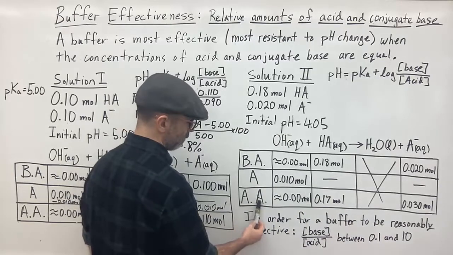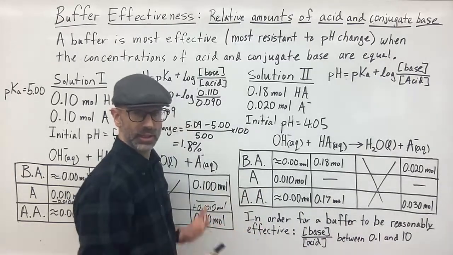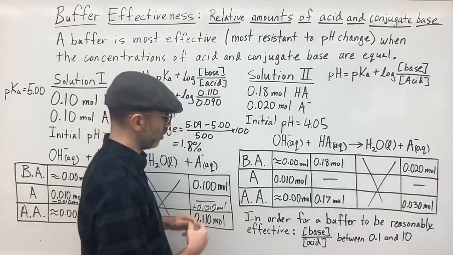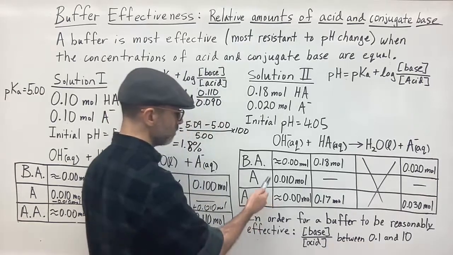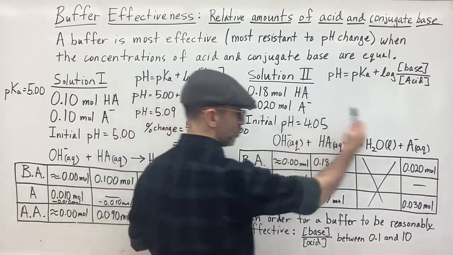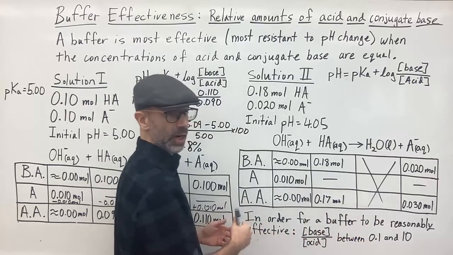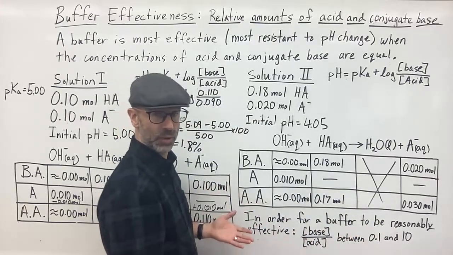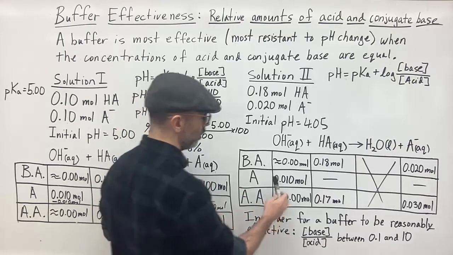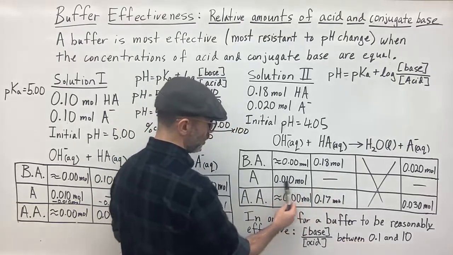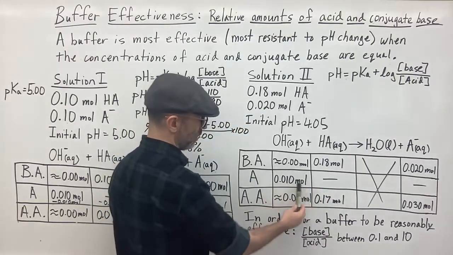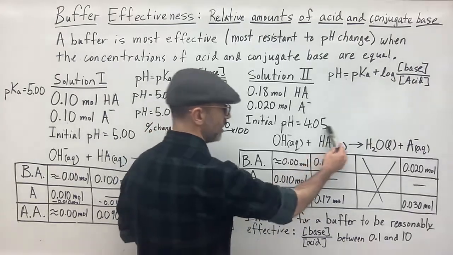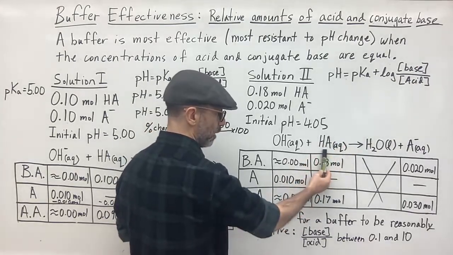And then this is after I added the base, after the reaction has completed, right? So once again, this is a stoichiometric problem. We need to figure out how much reacts and what we end up with in the end. Because this is a strong base, it's going to react completely with the acid in our buffer.